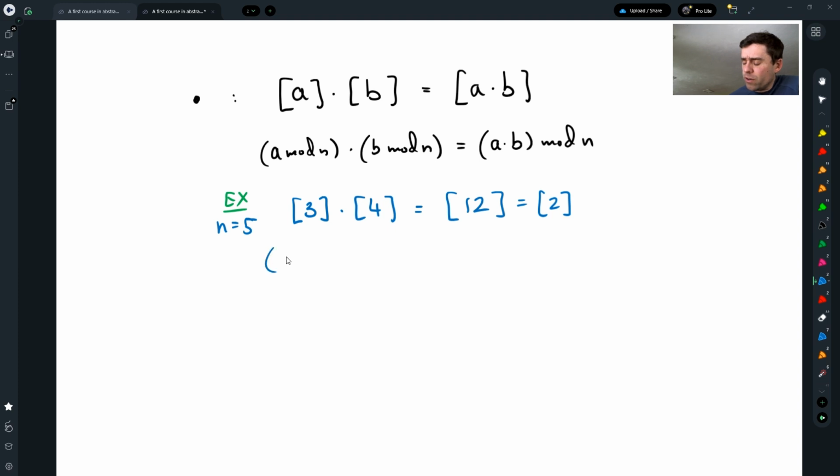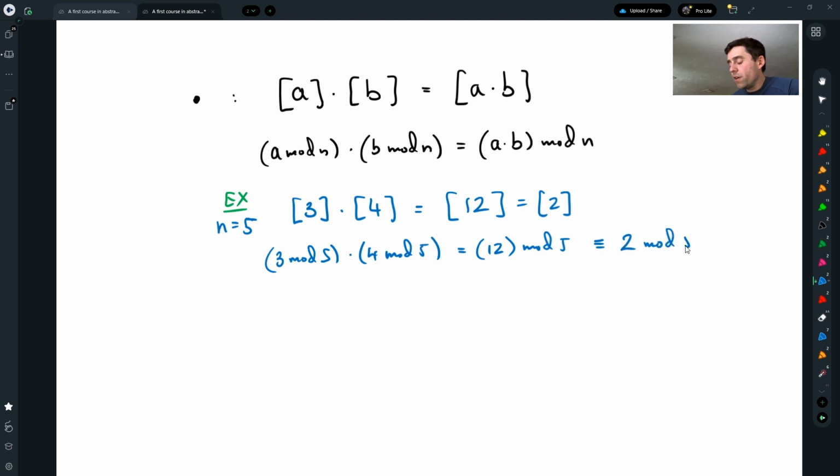So in the mod n notation, 3 modulo 5 times 4 modulo 5, that will be 12 modulo 5, and 12 modulo 5 is the same as 2 modulo 5. So I get that 3 times 4 is 2 in this new operation.